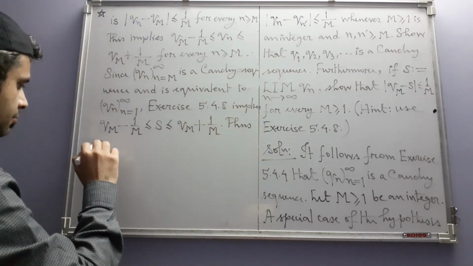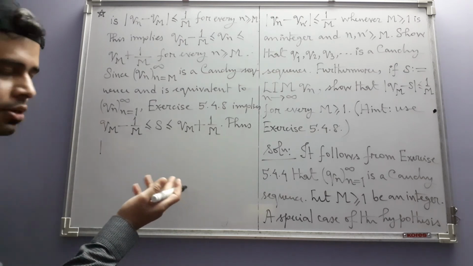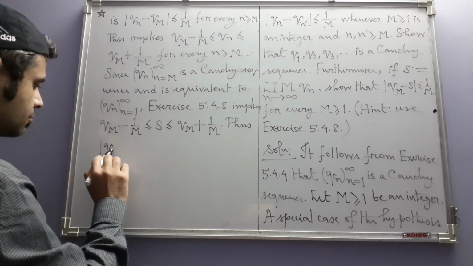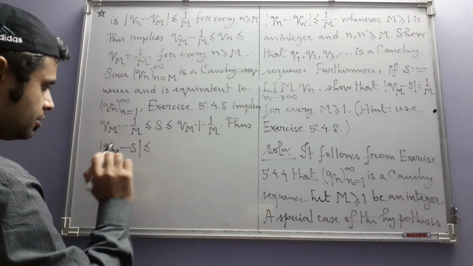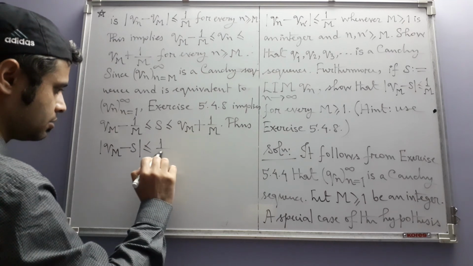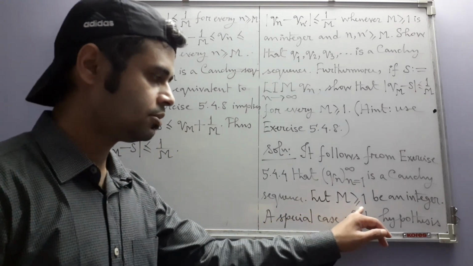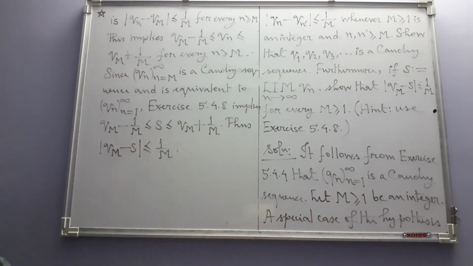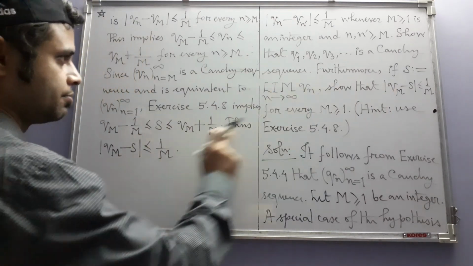Thus, now if you write this again using absolute value, then the inequality will look like this. Since m was chosen to be any positive integer, this is true for every m greater than or equal to 1. So we have shown what we wanted to show.